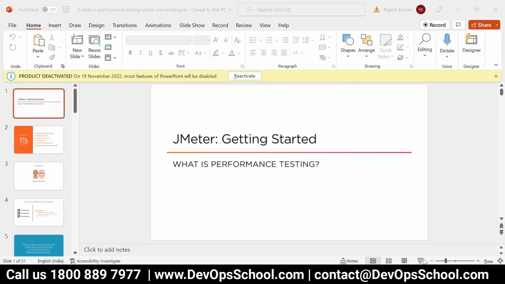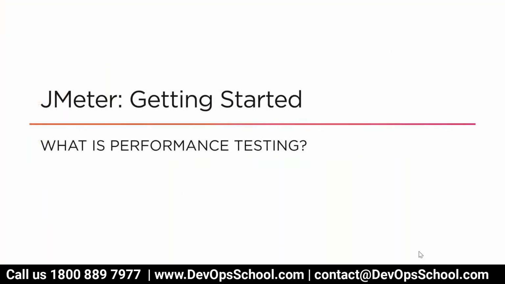Okay, so JMeter is basically a tool for performance testing. That means if you want to check the performance of some websites, web-based applications and all, you want to create lots of load, thousands of load.